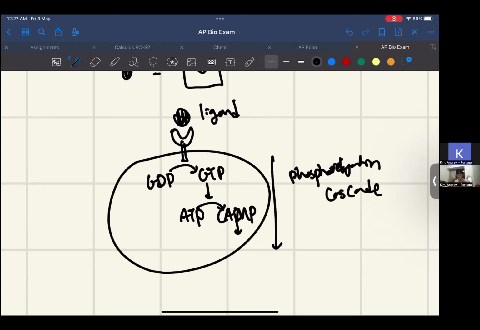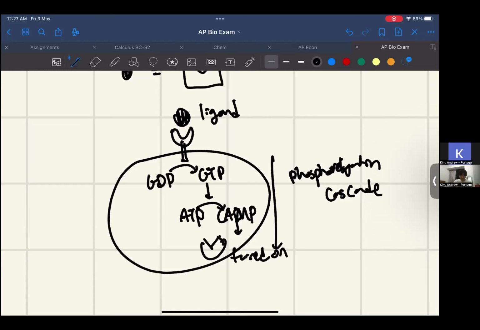Phosphorylation cascade is basically a cascade of reactions that happens because of this ligand being combined to the receptor site. Okay, this ligand combining to the receptor site will instigate this whole cascade of reactions, and ultimately the end result of this reaction is an enzyme being turned on and actually activated, doing its proper work.